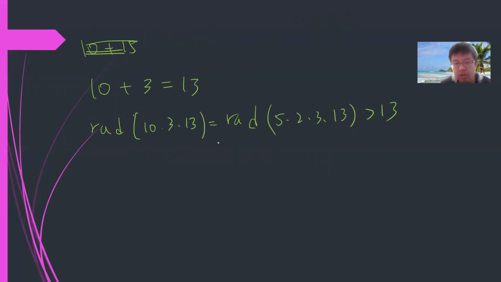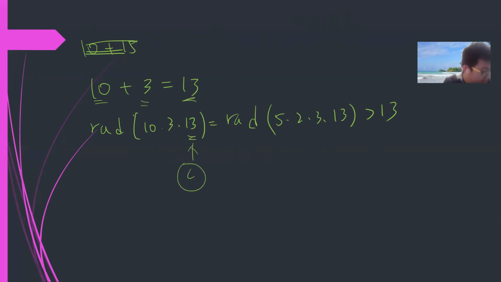It makes you imagine that if you take two numbers with no particular prime factors, then their sum should give you more prime factors. That means the radical of ABC should contain more prime factors.